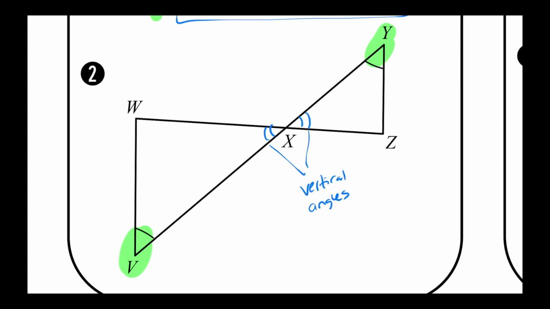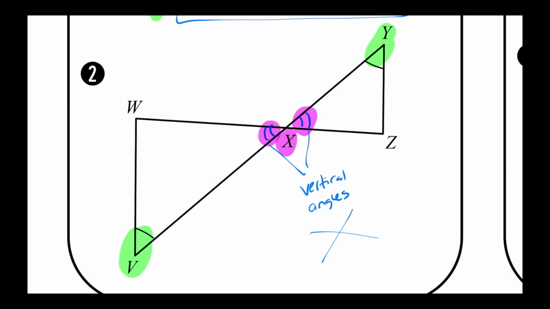Vertical angles are just angles that are across from each other when you have two intersecting lines. And we know vertical angles are always congruent. Very good. So now we have this angle congruent to that angle.